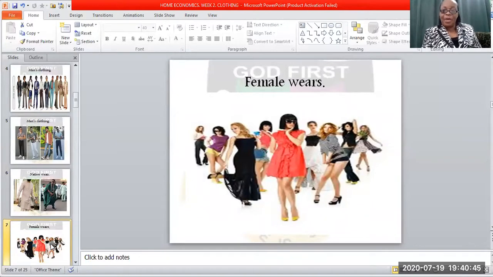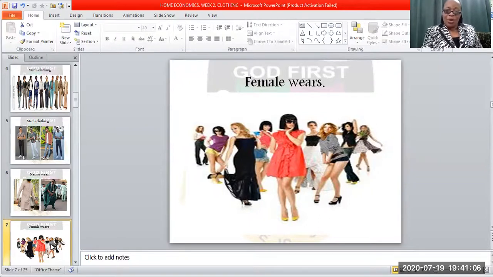Female wears, female clothing, female clothes. As you can see from this example, many women wear different types of clothes and styles. Women enjoy styling their clothes differently, just like the men.